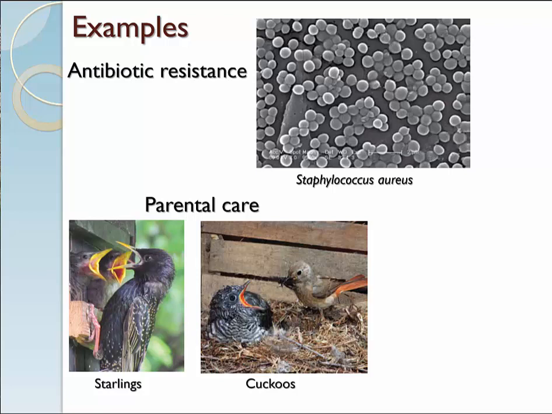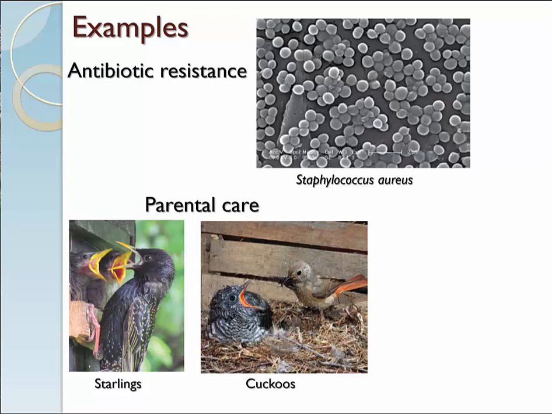The cuckoo and cowbird chicks are fairly large. And because it's a larger chick, the foster parents will preferentially feed that chick over their own, because they'll feed the biggest chick. And the other chicks get neglected. They starve, fall out of the nest, whatever. And then this cuckoo strategy is successful.